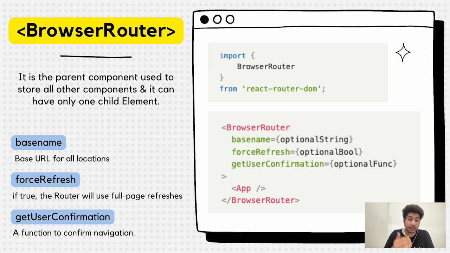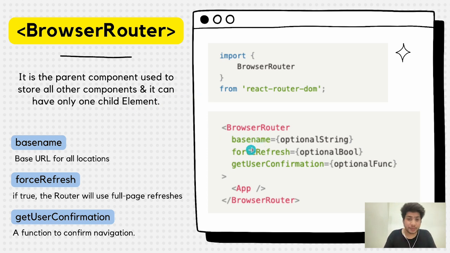We will see when we implement a custom library for React Router that this BrowserRouter handles the whole location thing. It will be using window.history.pushState to manage all these state changes, the link changes, and all the other handling. And it will be passing the context of location to every child.